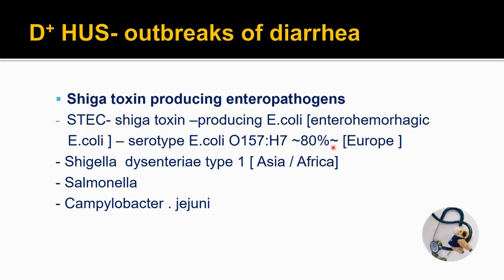Approximately 80% of this type of condition occurs in the developed countries, the European countries. Number 2, another is Shigella dysenteriae type 1. This is mostly seen in the developing countries, Asian or African countries. Sometimes Salmonella and Campylobacter jejuni may also cause this condition. But the common ones are E. coli and Shigella.